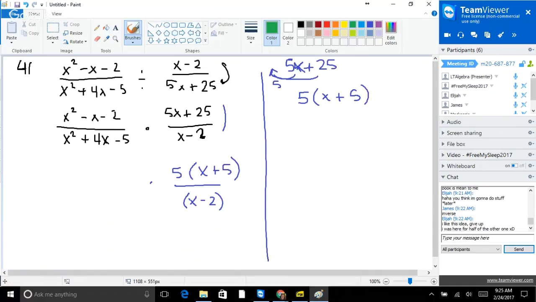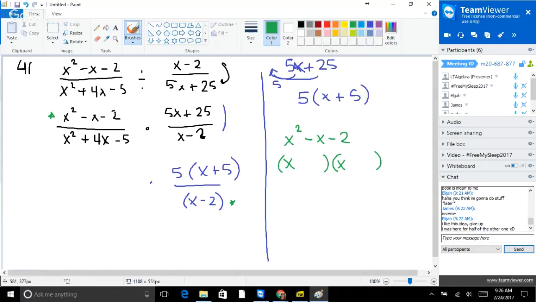All right, so now let's get to the trickier ones, right? They're not that tricky. We've got the numerator over here. That's what I'm looking at. x squared minus x minus 2. So let's factor. It's going to be x and x. I'm hoping for an x minus 2 to match up down here, right?